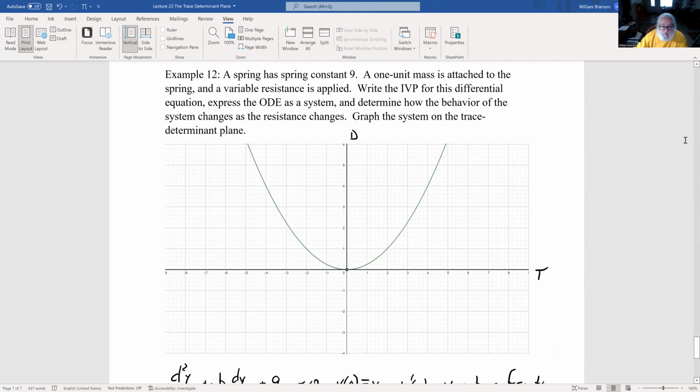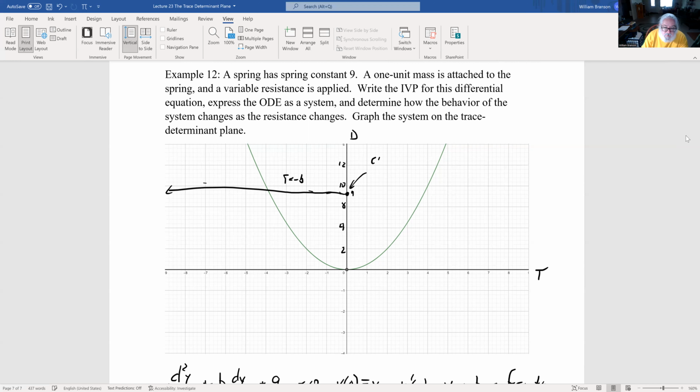So we'll change our numbers here to be 2, 4, 8, 10, 12, and then 9 would be in here somewhere. And so as b increases, we get different values of the trace. And what do we have here?